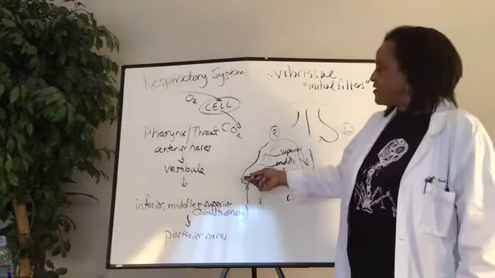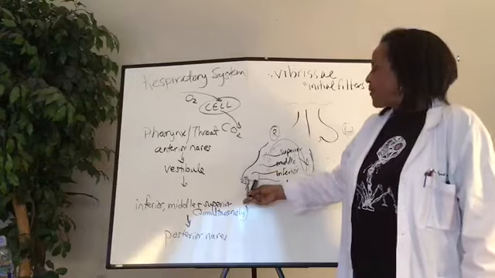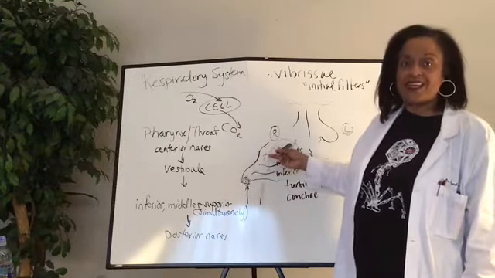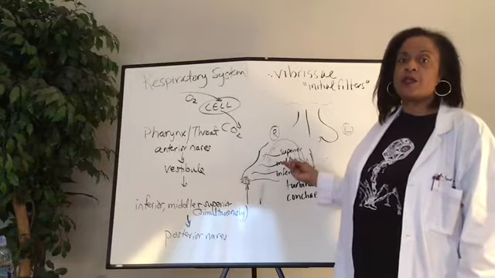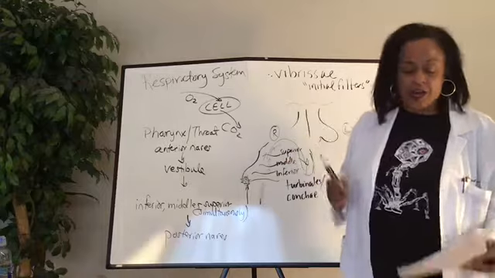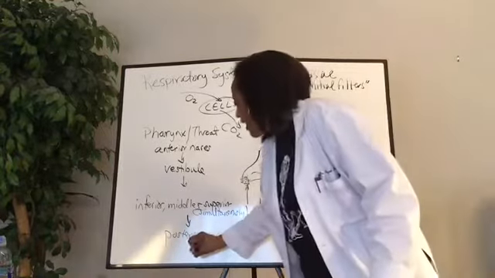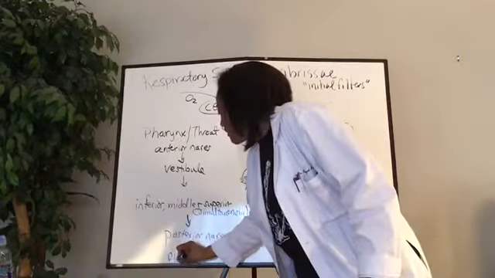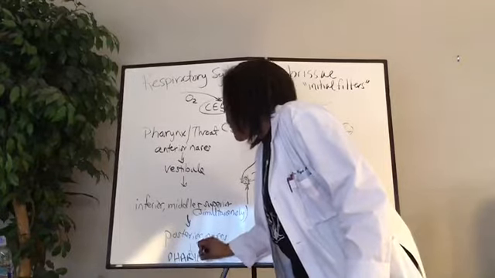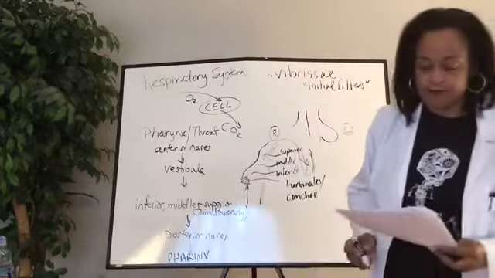Vibrissae, these hairs. Air is going to pass over the inferior, middle, and superior turbinates or conchas as it goes to the posterior nares, which is somewhere in the pharynx. And now we have to end that with the air going into the pharynx. All right, in the throat.